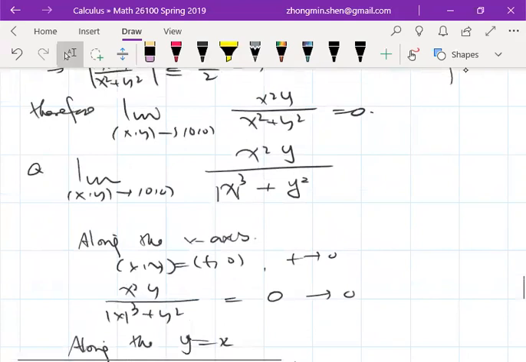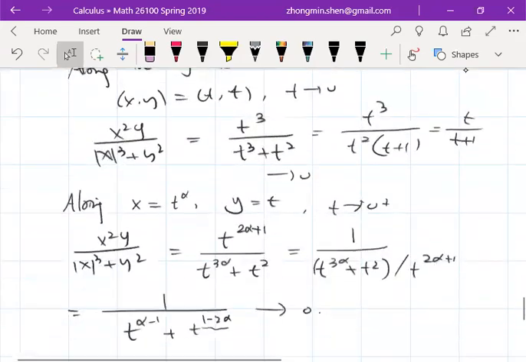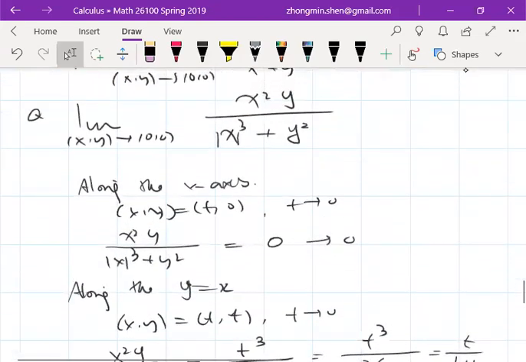I will discuss this later, because this requires a very tricky inequality here.